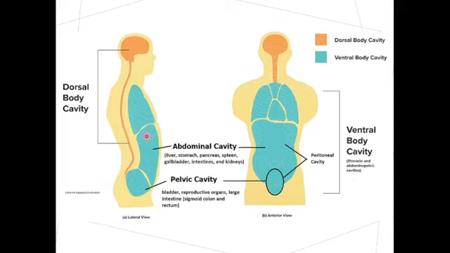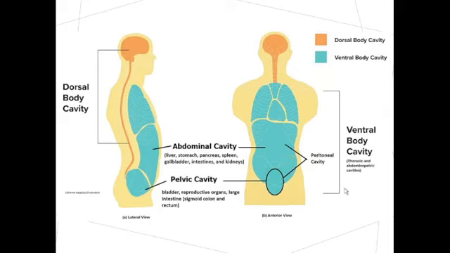Our abdominal cavity contains our liver right here, stomach, the pancreas, spleen, the gallbladder, intestines, and kidneys. While the pelvic cavity, which is just inferior to the abdominal cavity, contains the bladder, the reproductive organs, and the distal portions of the large intestine.